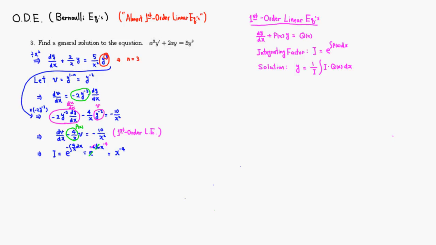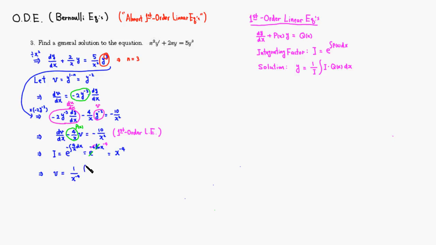So we can find a solution. But remember, the solution in this case is v. So this will give us v is equal to 1 over I, so 1 over the integrating factor, so x to the negative 4.